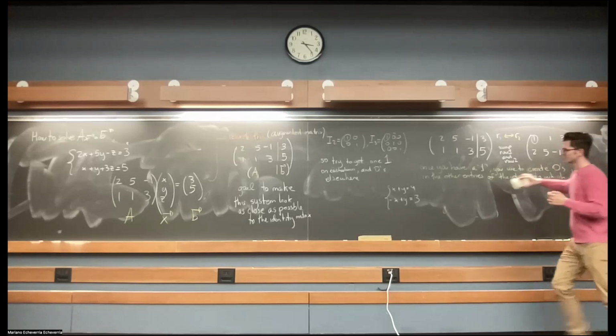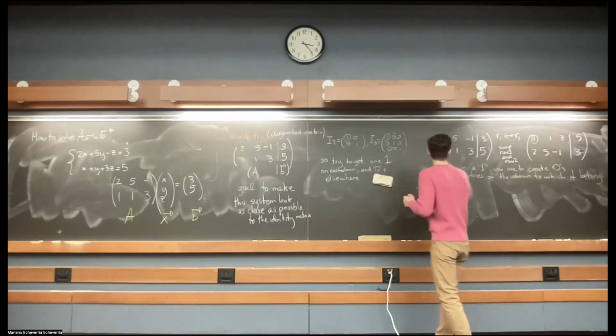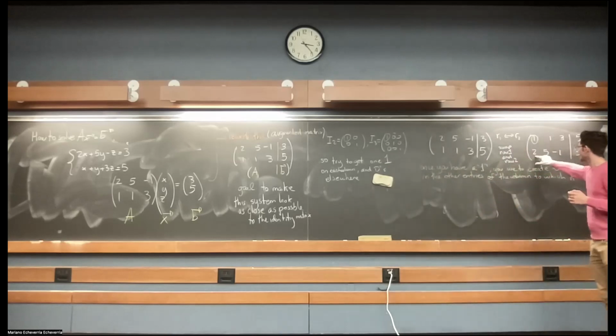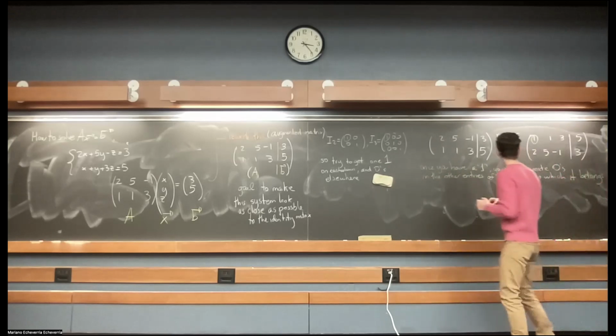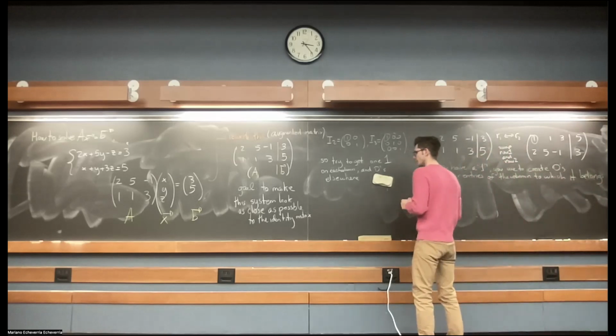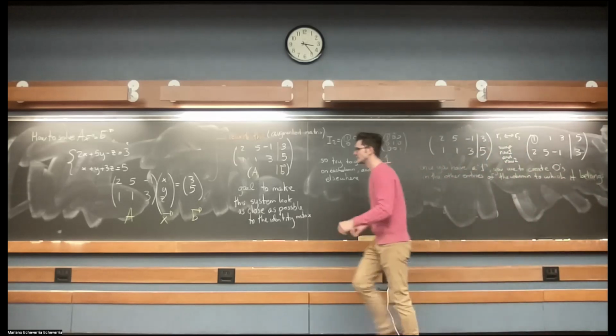So let me write that down. To put a 0 here, I'll multiply this equation by -2 and add it to the second equation. This is how it looks in practice.